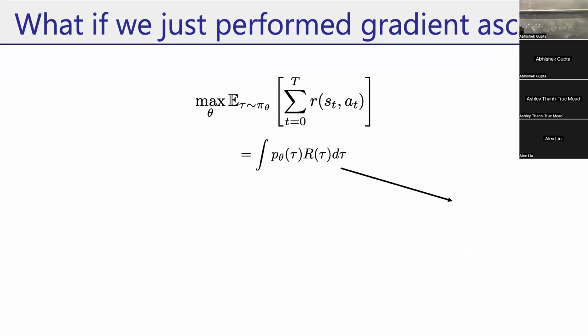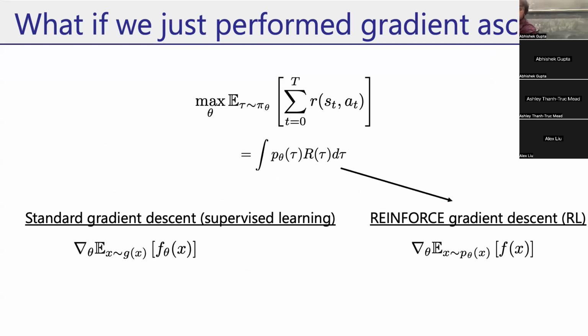So that is that. And what we're going to do is just do gradient descent on this objective. This probability of the trajectory depends on the policy parameters theta, because they decide what actions you're going to sample. And so we're going to see this thing as a function of theta, and we're going to do gradient descent.